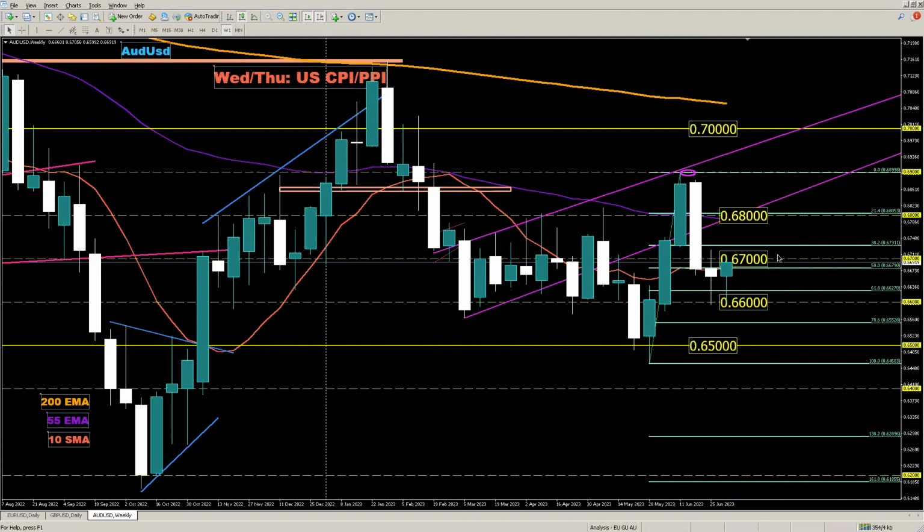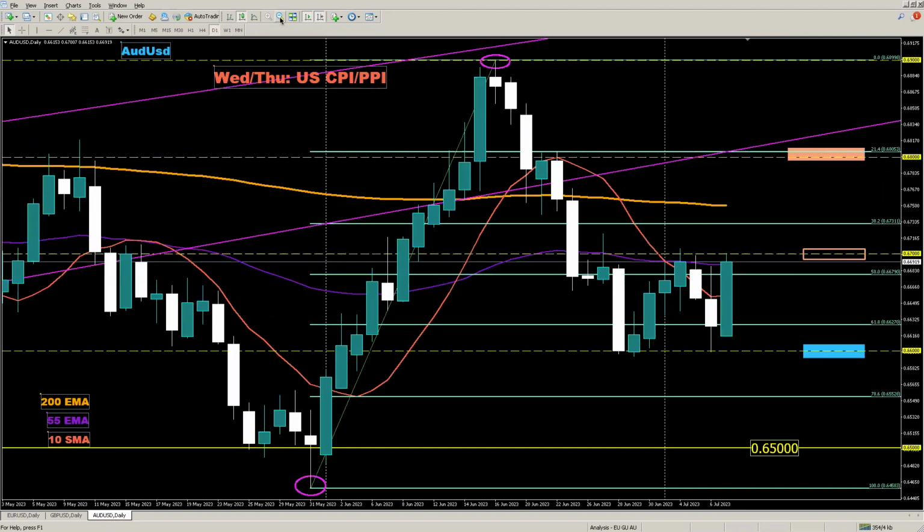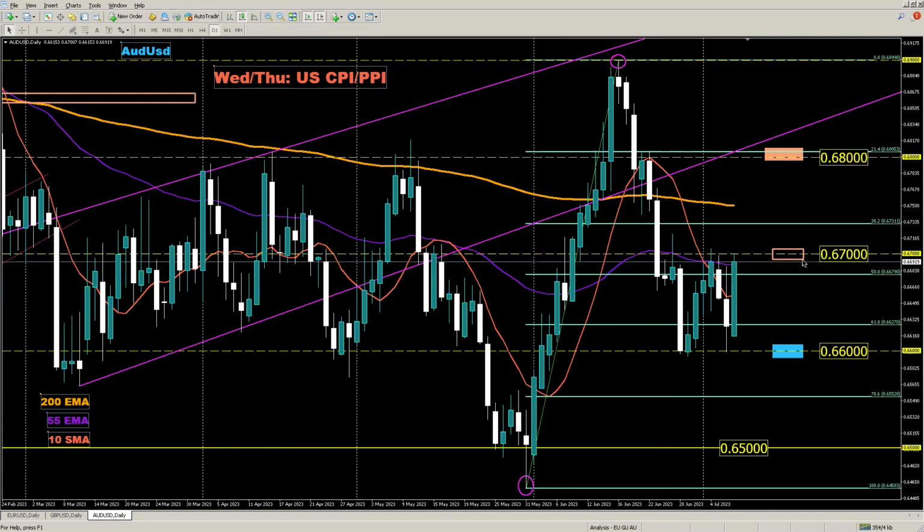So it needs to break out higher, and you will find resistance coming up at the 38 retracement here. So let's mark another intermediate resistance at the 200.